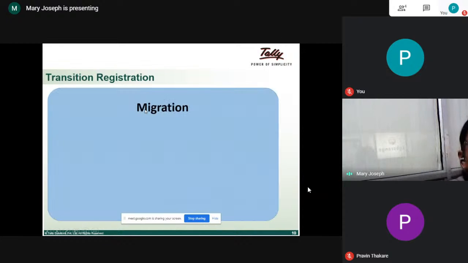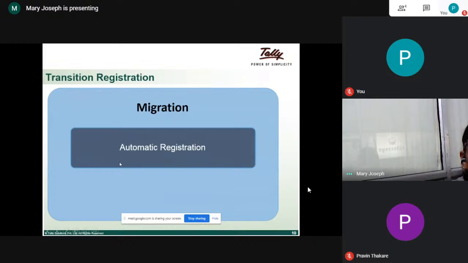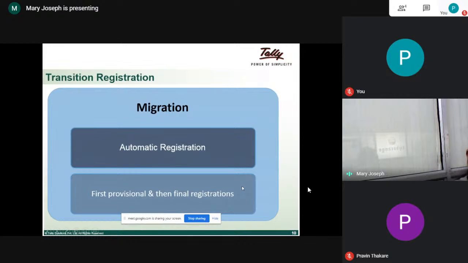Transition registration, migration, automatic registration, and first provisional and then final registration. Actually, now we are getting the final registration directly. What do you mean by automatic registration?